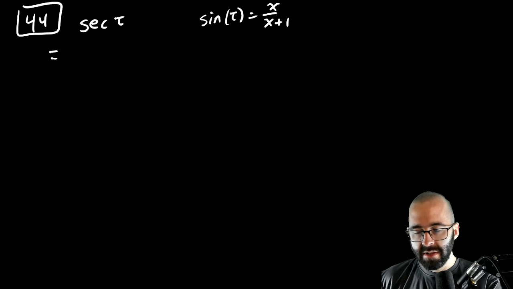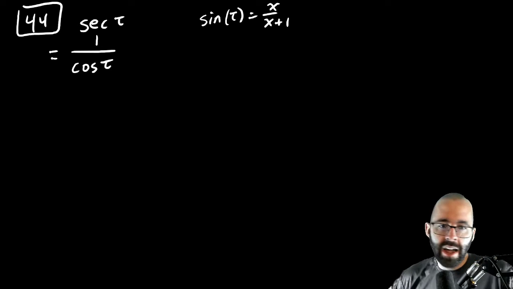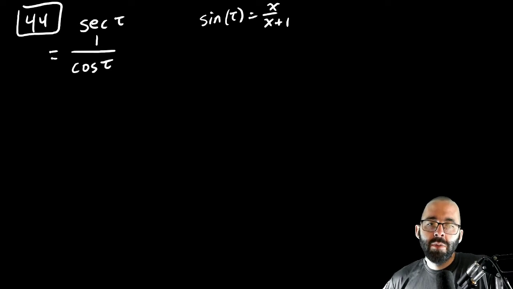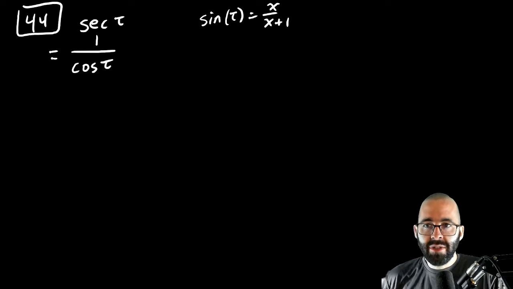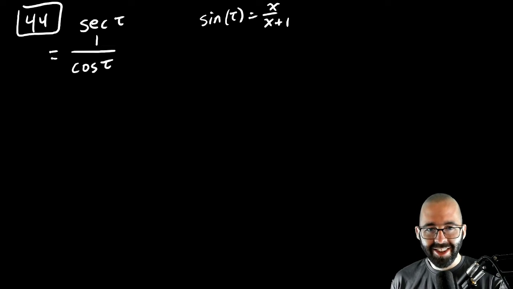First off, it's probably easier if we write secant of t as 1 over cosine of t. You do not have to do this. But I'm very good at knowing SOHCAHTOA, but I'm not very good at what it's called for reciprocal functions.